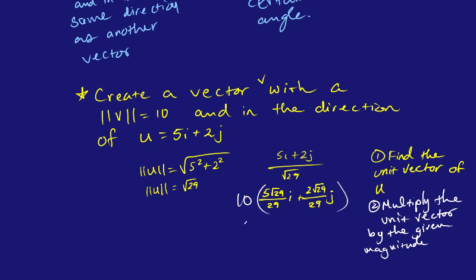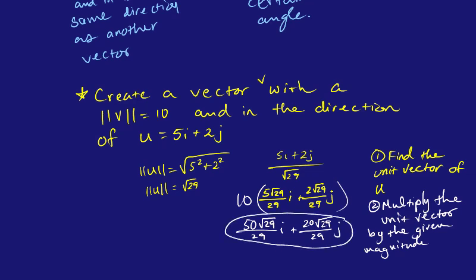So the answer would be 50 root 29 over 29 i plus 20 root 29 over 29 j. And there it is. You've created a vector with a magnitude of 10 that goes in the same direction as u.